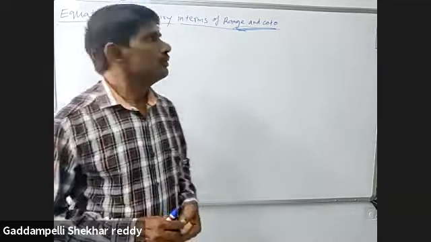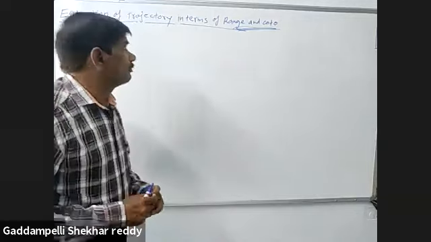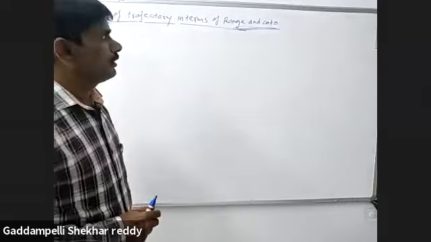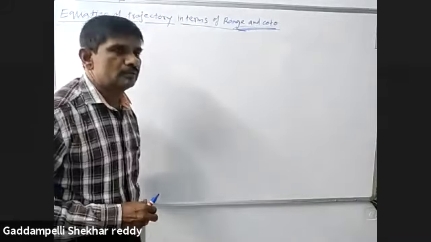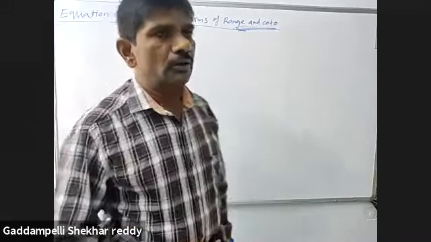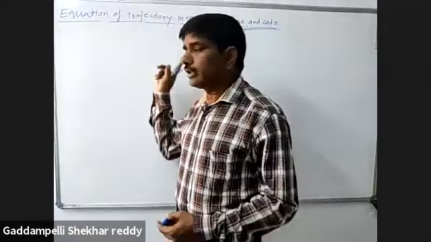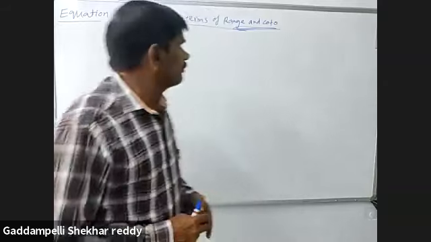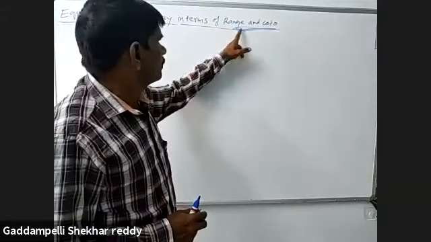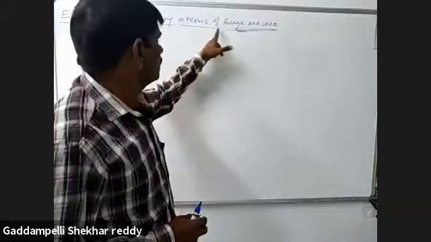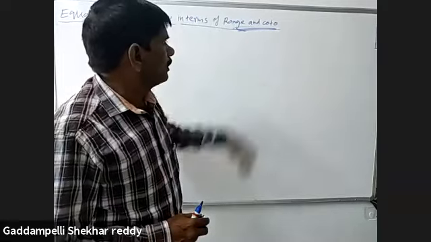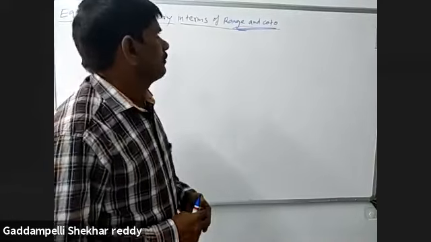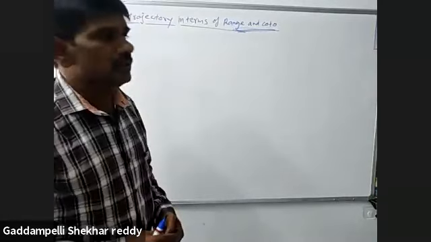Today we are going to discuss the equation of trajectory in terms of range and coordinate. In the previous video, we followed the equation of trajectory and the different conditions: range, maximum height, time of flight, time of ascent, and time of descent.